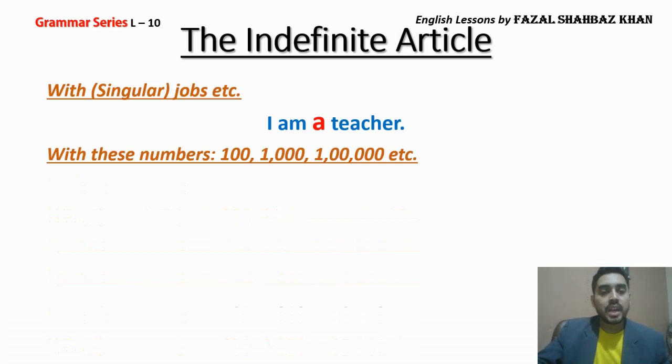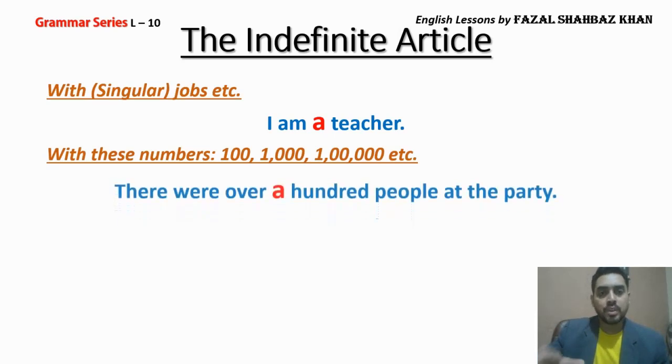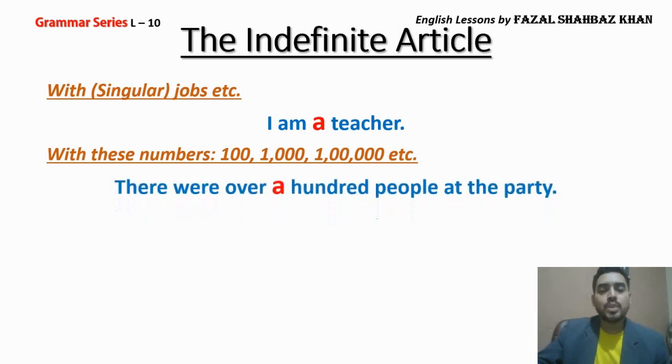Now we use the indefinite article with numbers such as 100, 1000, and lakh, etc., and more of such combined elements of numbers. For example, there were over a hundred people at the party. Now you must get confused that 100 is more than one, and when we use more than one, it becomes plural. Certainly it is plural, but when it is referred to as a singular name of 100, then it becomes singular.